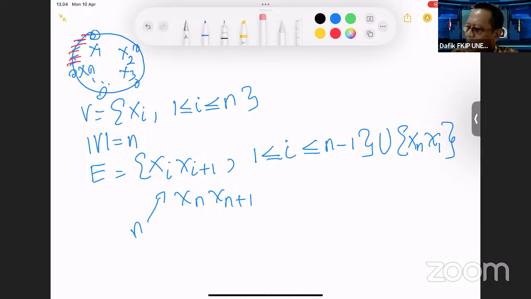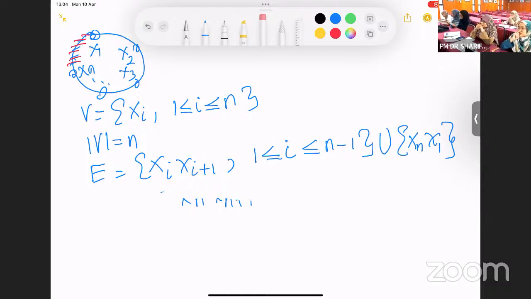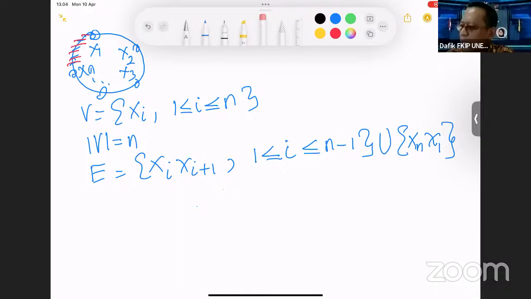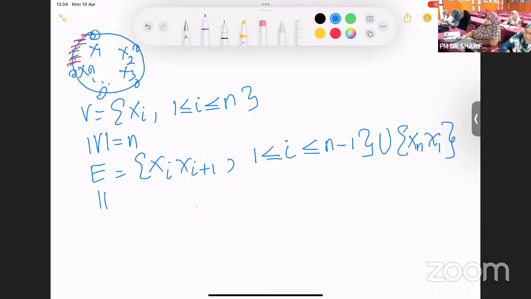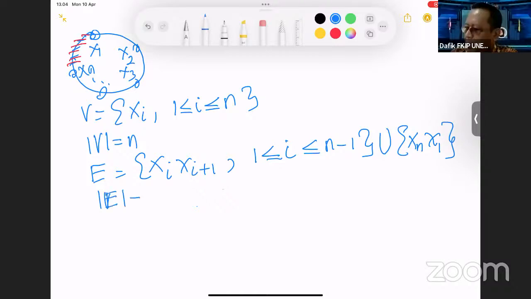Now we understand that this one is the edge set. It is n minus 1 for the first part, because this one and this one are counted once, and then we have n.